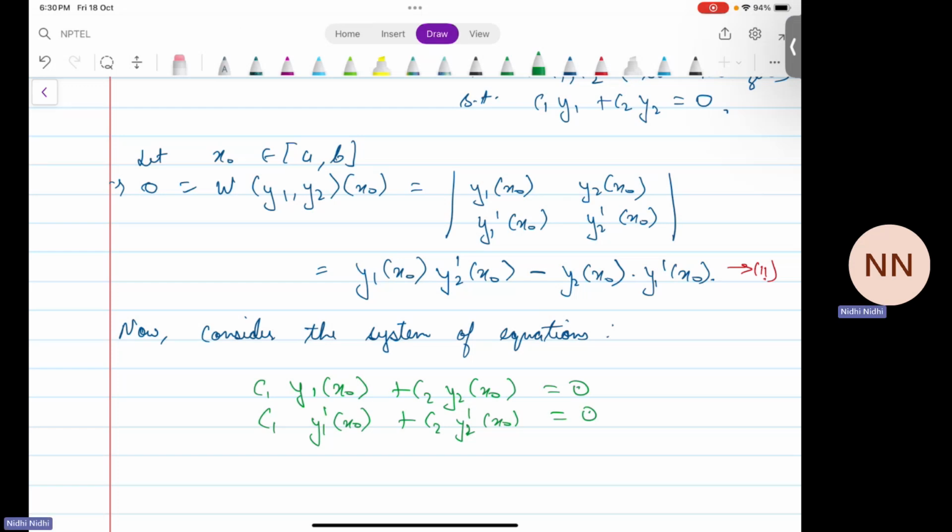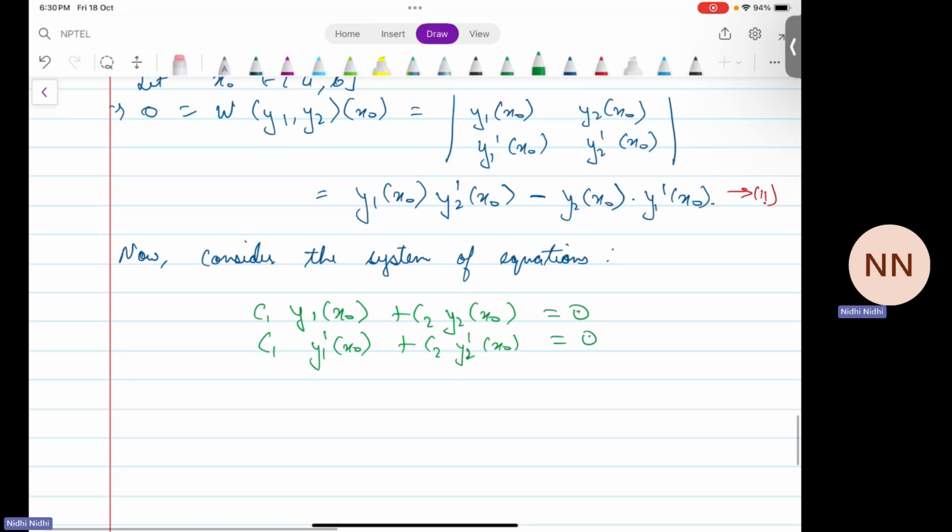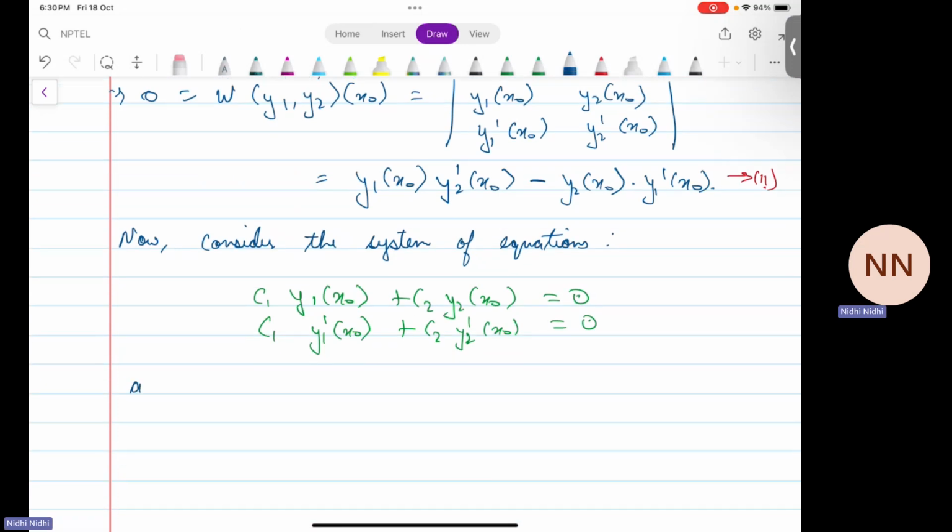Now let us consider the system and the function f of x is equal to c1 y1 x plus c2 y2 x. Since y1 and y2 are the solutions to our problem, this f of x will be a solution to the given equation, whatever the values of c1 and c2 are.